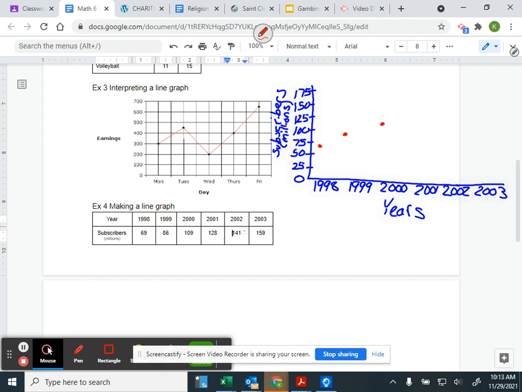Just above that 100. 2001, it's 128. So right above that 125. 2002, 141, so below that 150. 2003 is 159. And then we want to connect our dots.